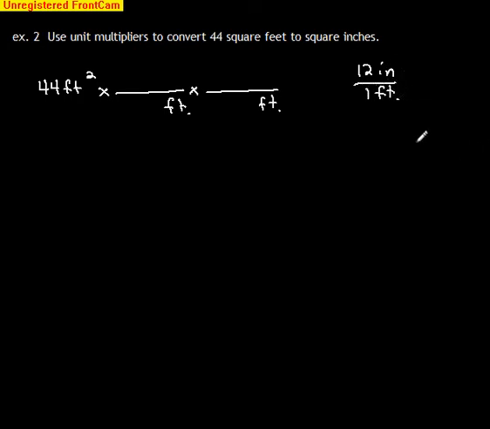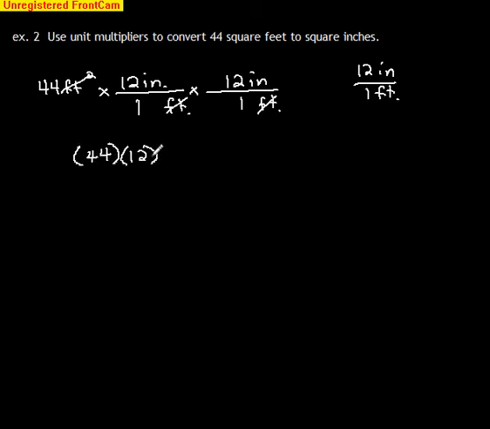So you have to pick which one you're going to use, and we need the feet down here to cross out, so we want the inches to be on top this time. So we'd have 12 inches over 1 foot, 12 inches over 1 foot, and that way the feet cross out and you're left with inches times inches, which would be square inches. They just leave it in the book like this.